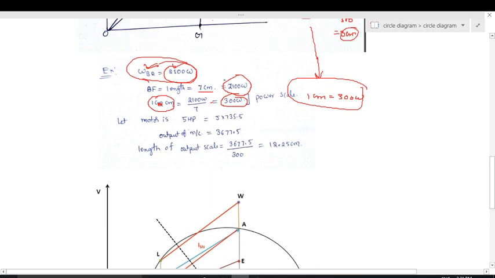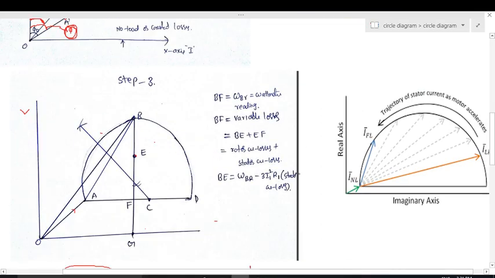After locating point E from 3 centimeters, join AE. AE is the line which is nothing but the torque line.